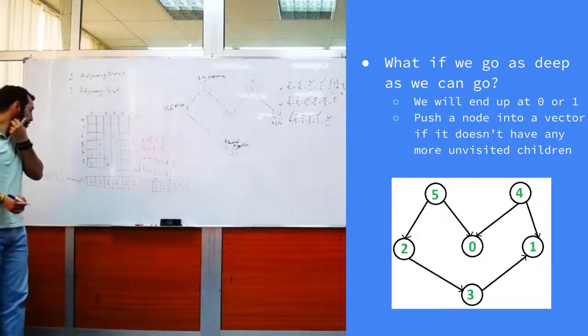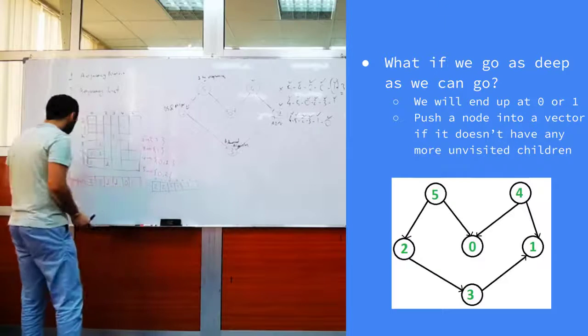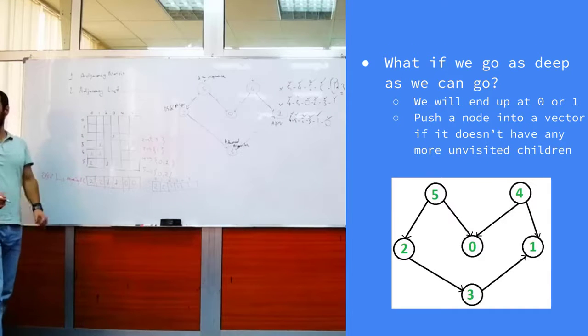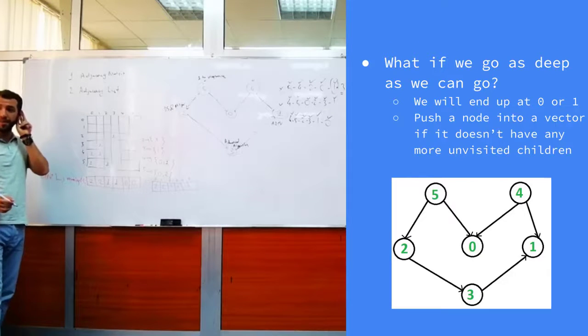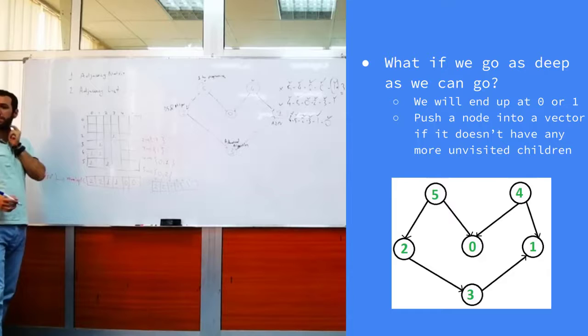So what is going to be the cost of creating this incoming edge count list this time? Of n times m, where m is the number of edges. Why is it n times m? We visit each edge once, right?